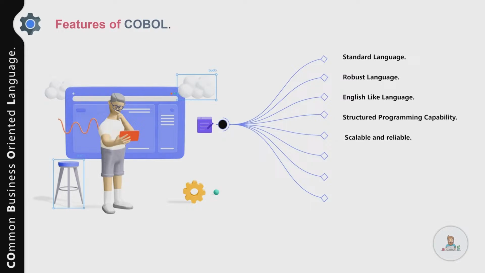And these paragraphs or sections can be executed or re-executed as per your requirement. So in a nutshell, you are writing a COBOL program by using a top-down approach and it is more readable and you can easily understand the business functionality or the business logic behind that particular program.